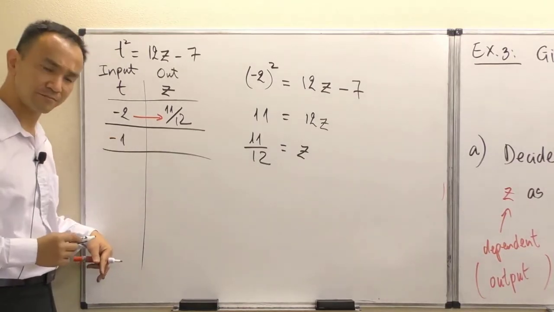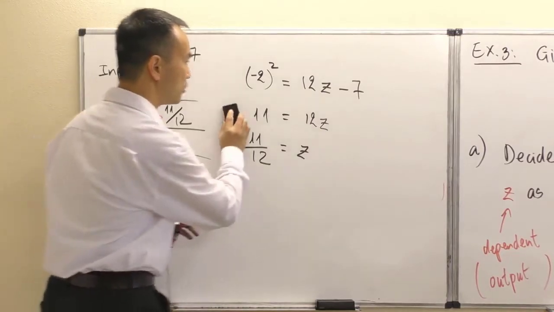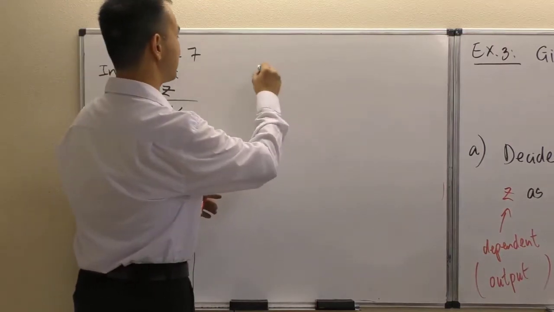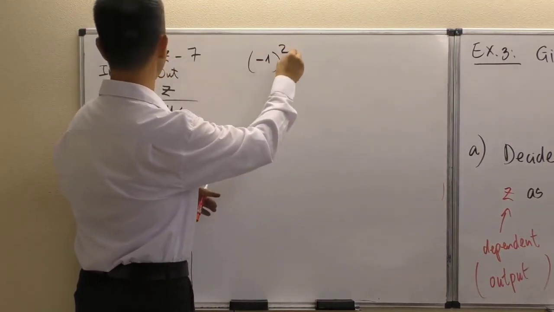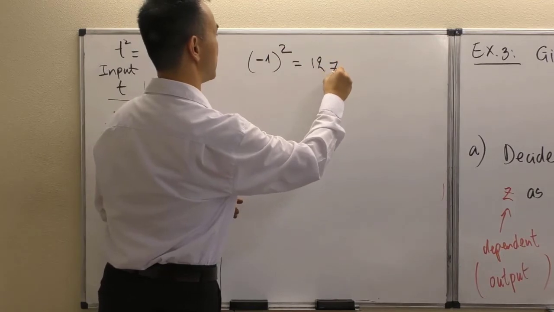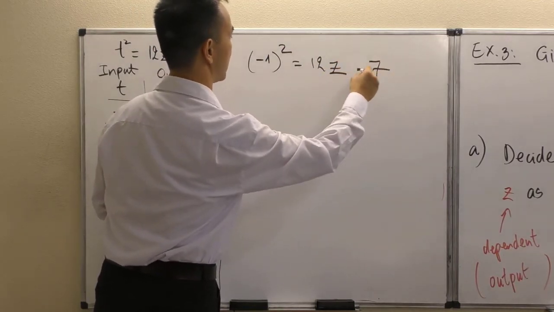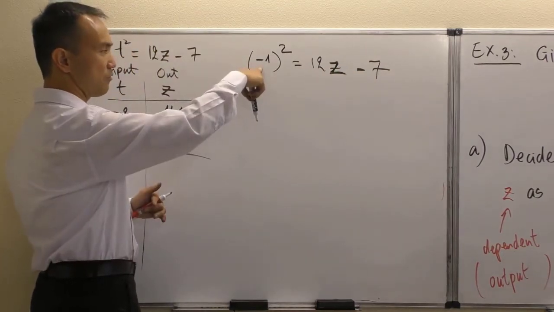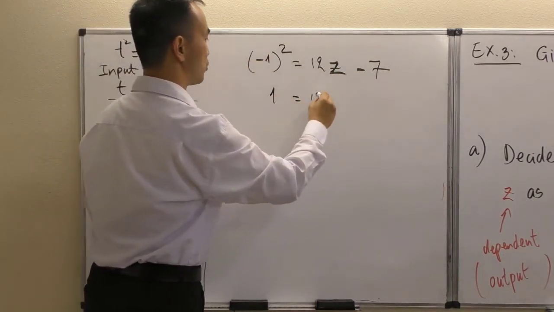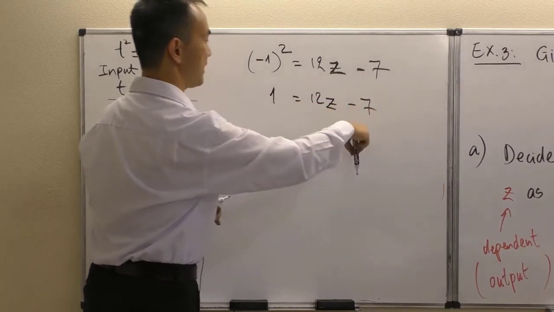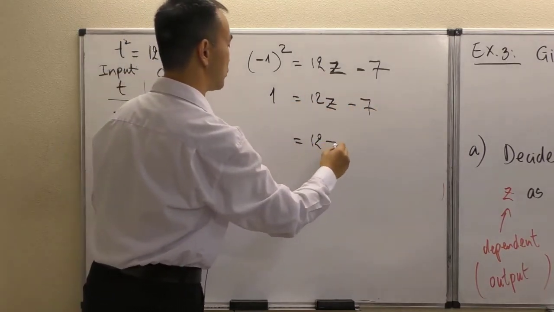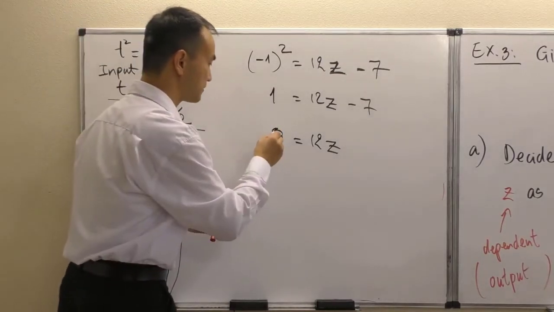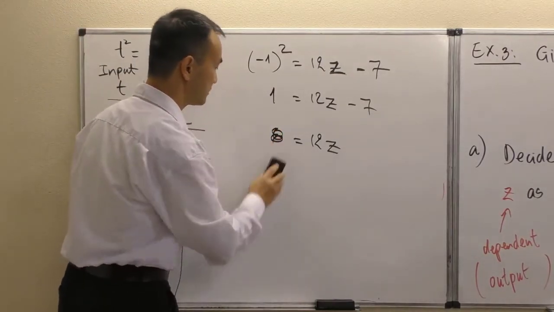-1. And now with the rule here, -1 all squared equals 12z minus 7. Once again, -1 all squared is 1, equals 12z minus 7. I'm adding the 7 to the other side, that's leaving me 12z equals 8, because I'm adding, not subtracting.